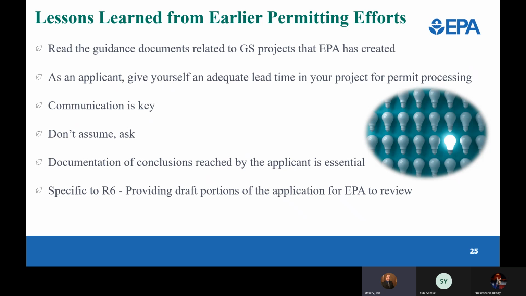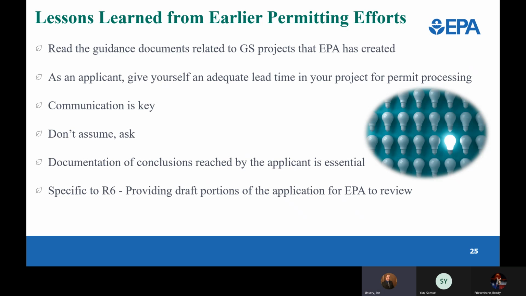As an applicant, please give yourself adequate lead time in your project for permit processing. Expect the process to be no shorter than 1 year from the time an application is deemed administratively complete and is submitted for final determination. Think in terms of a Class 1 hazardous waste well more so than a Class 2 disposal well.